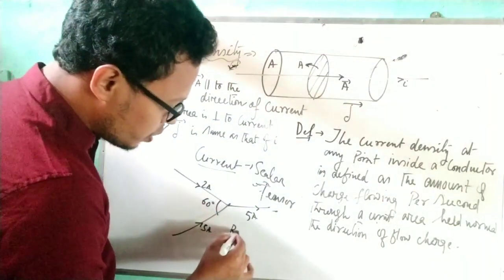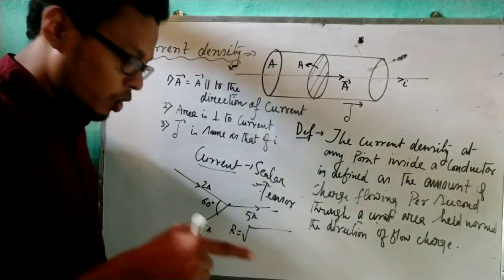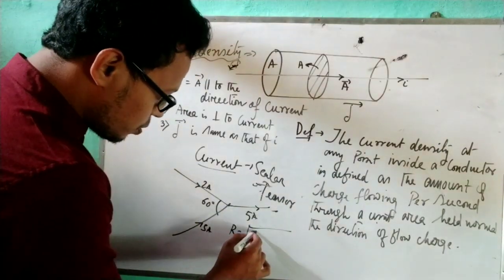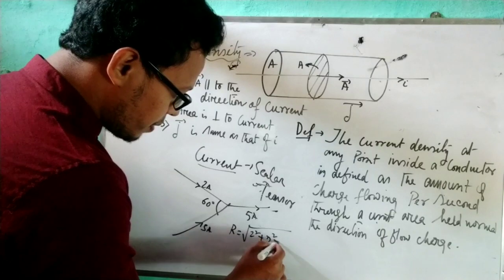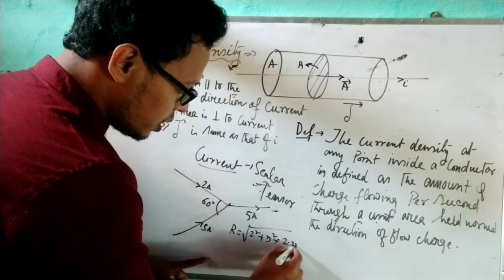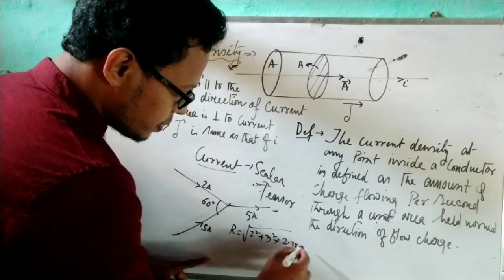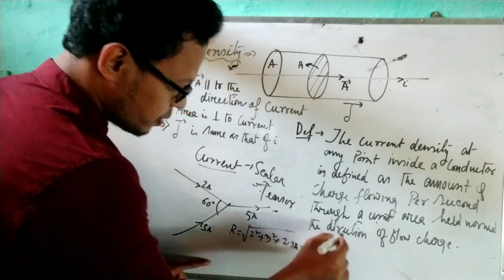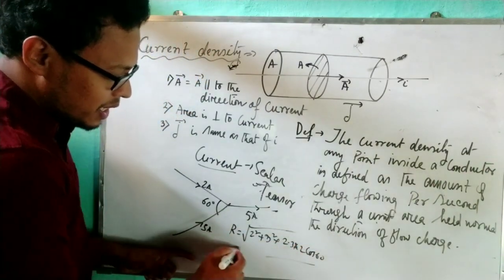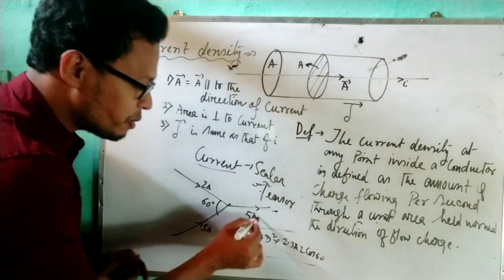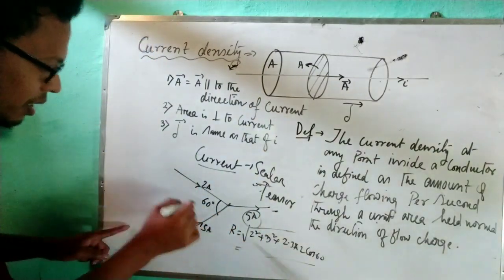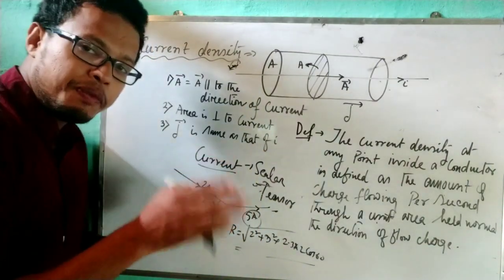Then by the vector law of addition the resultant should be root over 2 square plus 3 square plus 2 into 2 into 3 into cos 60. So the result would be different, but actually it comes 5 ampere whatever the angle. There is no effect of angle.